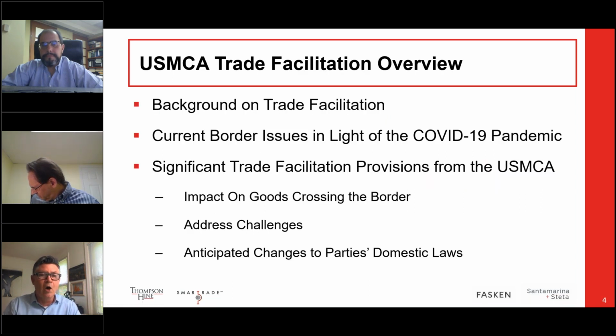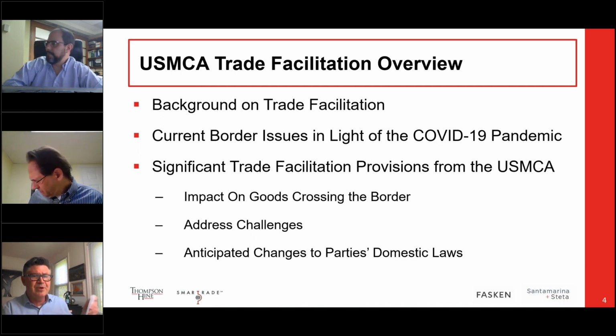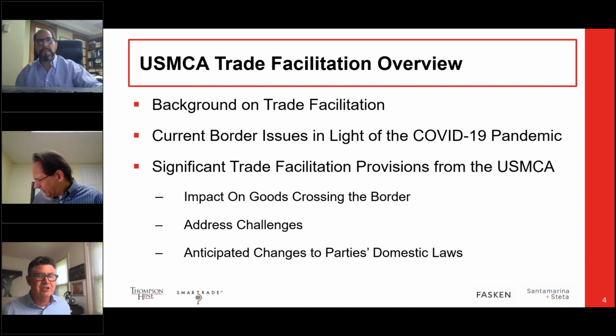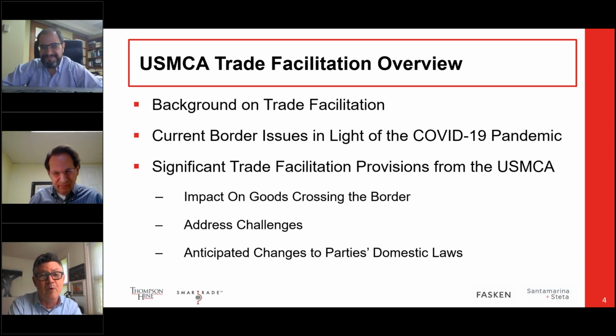Here's an overview of what we hope to cover today. I'm going to give a brief background on trade facilitation. We also want to talk about the white elephant in the room, and that's the current border issues in light of the COVID-19 pandemic, so we'll touch upon those as well. Then we'll dive into significant trade facilitation provisions in the USMCA.